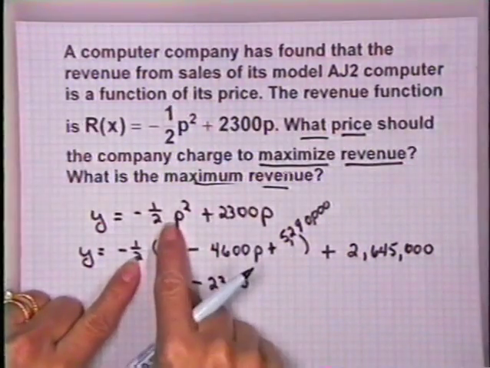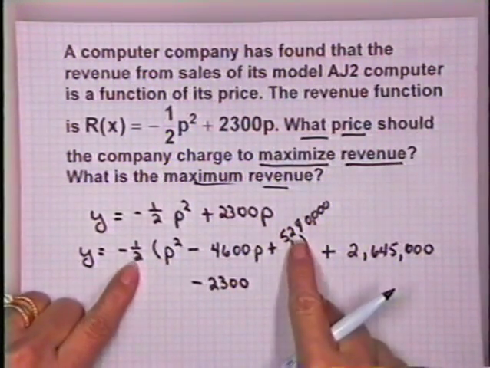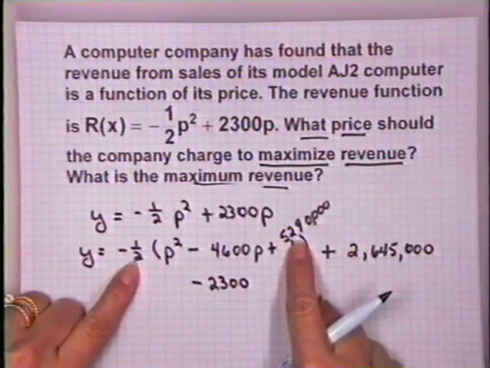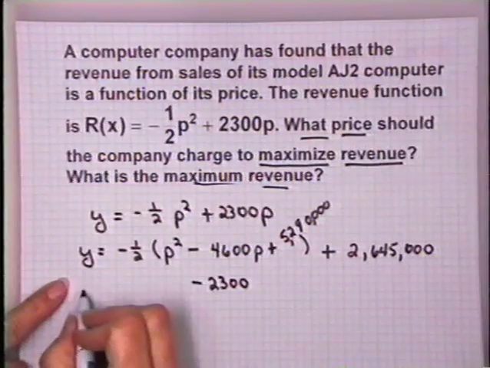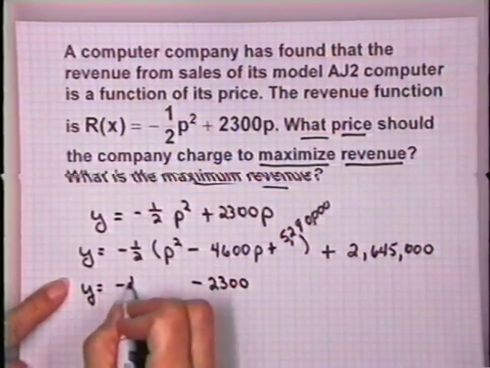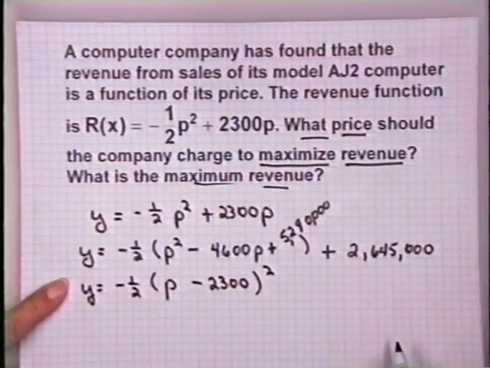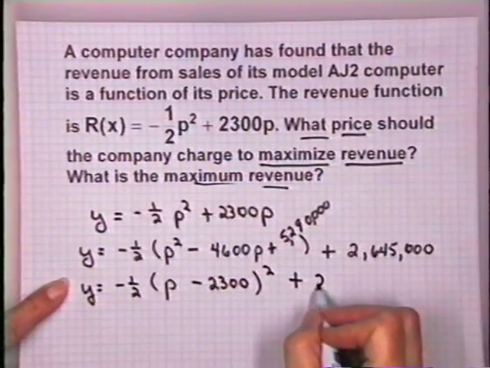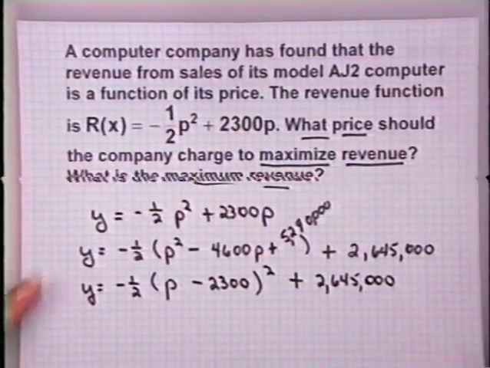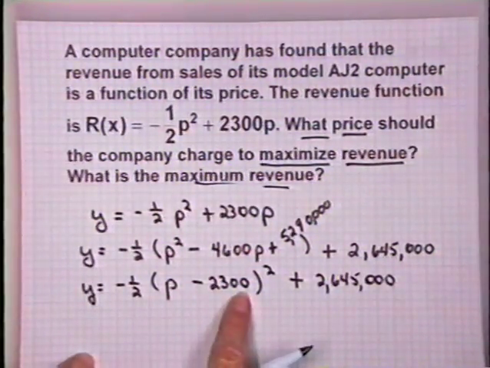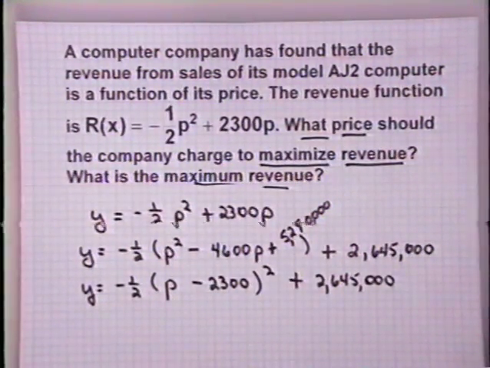This is minus 1/2 p squared. Here's my plus 2300p. Minus 1/2 times this gives me the negative of this, so that would add to 0. Okay? Y equals minus 1/2 times p minus 2300 quantity squared plus 2,645,000. Now I'll let you check this if you want to, that if you square this you do get this trinomial right up in here.